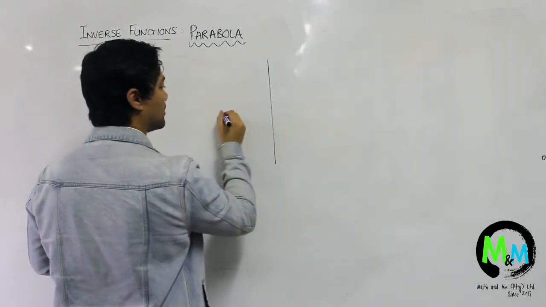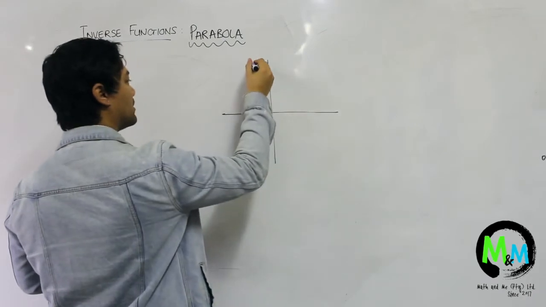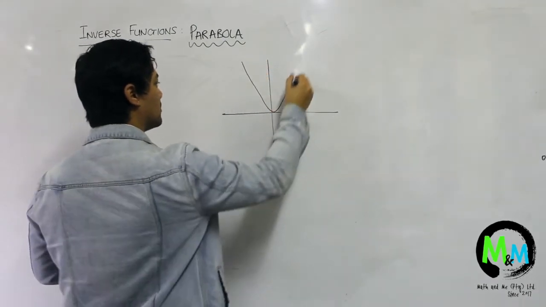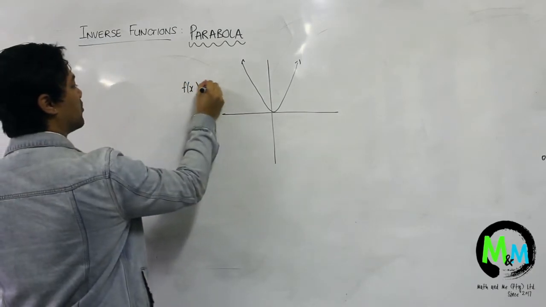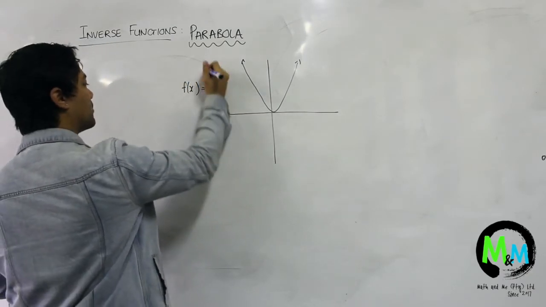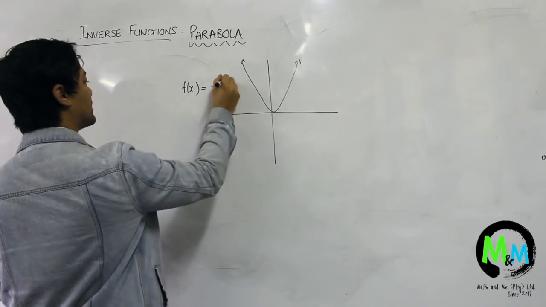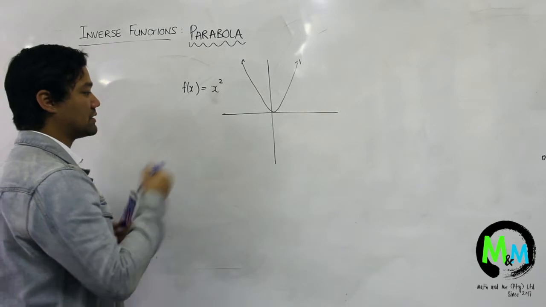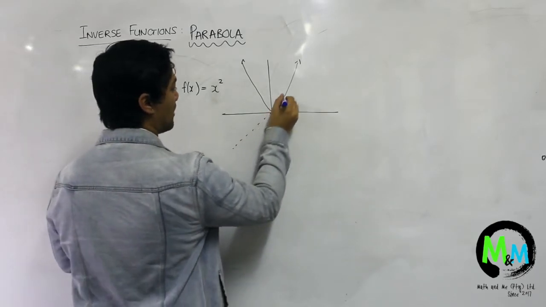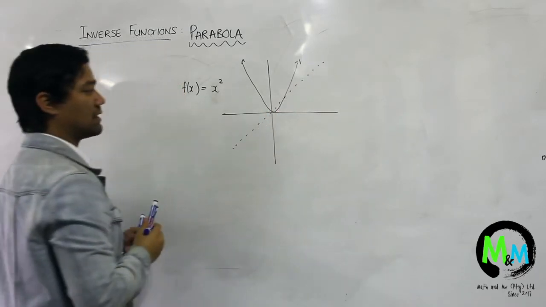So let's look at a normal parabola. I will make this parabola f(x) equals x squared. If I need to inverse this function, I'm going to be reflecting over that line.